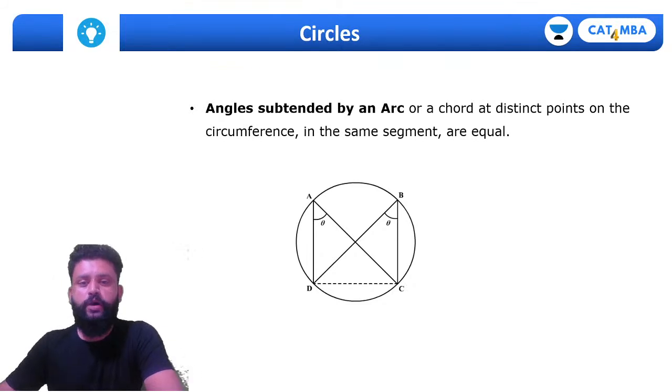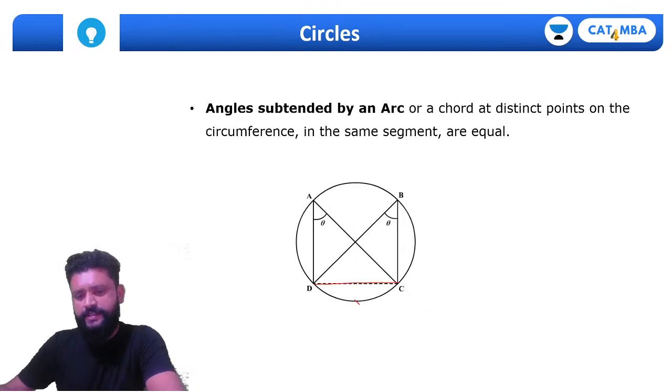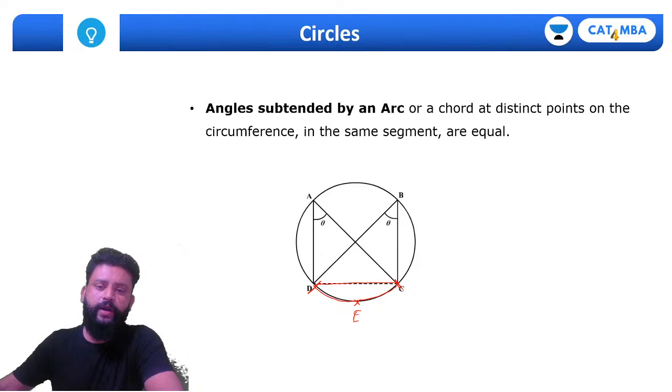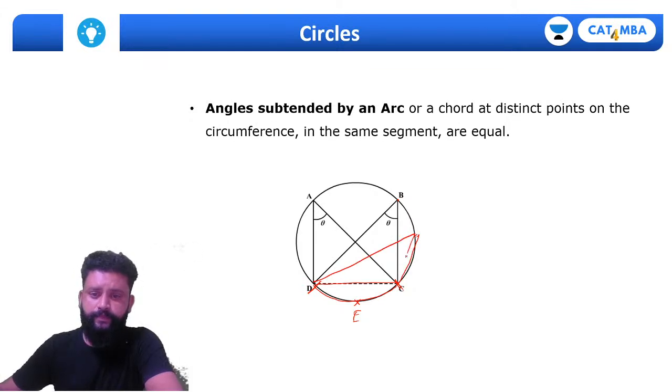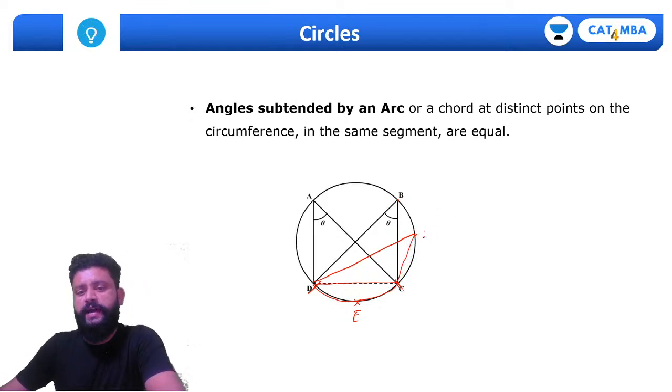Then the most important property comes here. Let's say any chord or arc; see, DC is a chord, even you can say DEC is an arc, okay? So you connect the two end points of this arc to any point on the circumference. Like here, I connected to B, this angle has to be theta. If this is theta, then any other point you connect in that segment will also give theta. Even if someone connected from here, let's take that point as F, this angle will also be equal to theta.